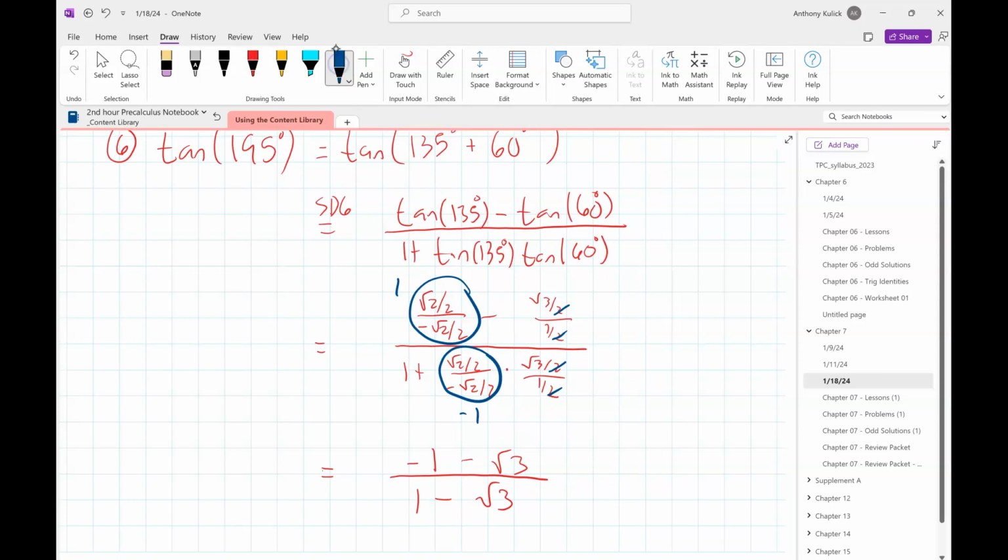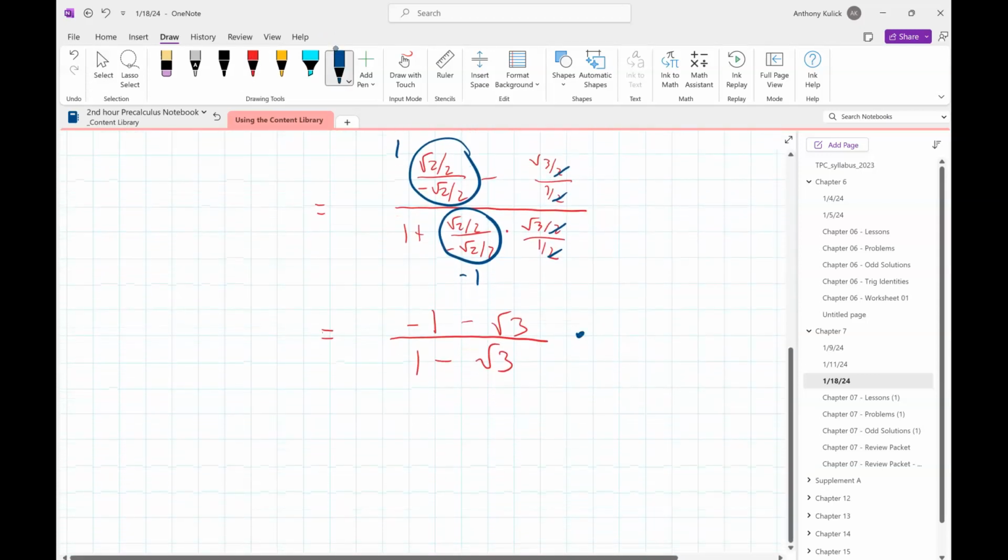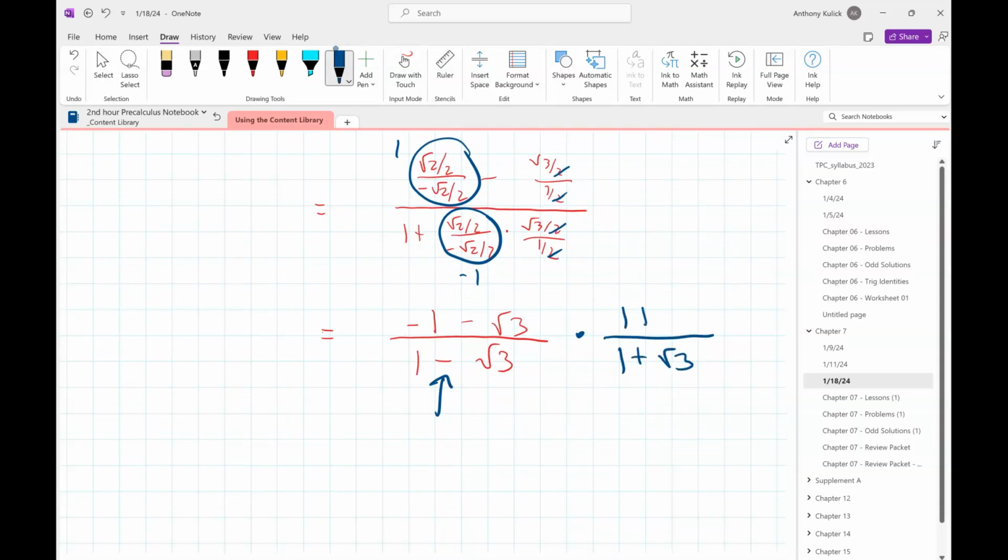So let's take care of that. To do that, I'm going to multiply the top and bottom by the conjugate of the denominator. Remember, the conjugate is the same as the denominator, just with the opposite sign in the middle. Cool so far? Luca.